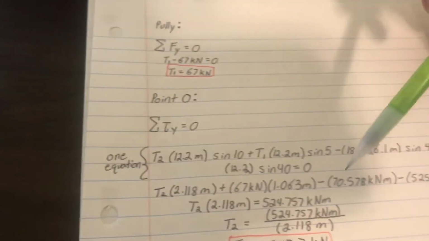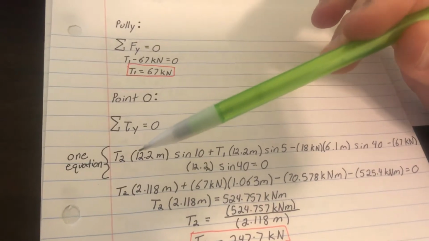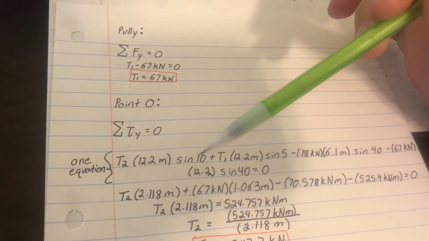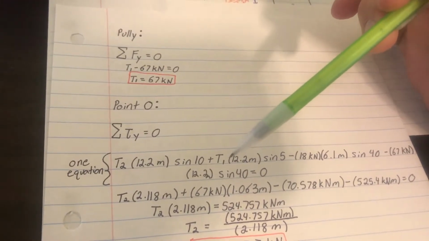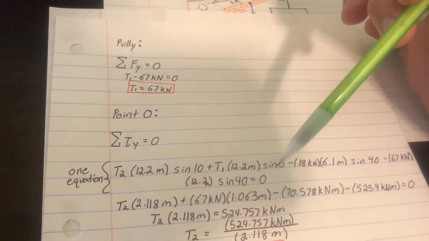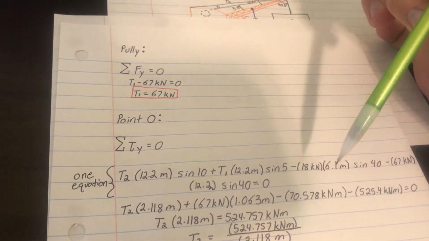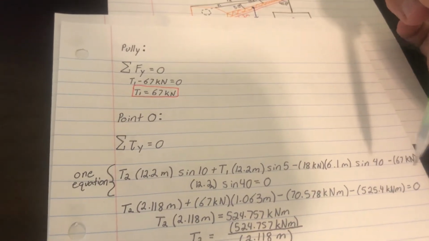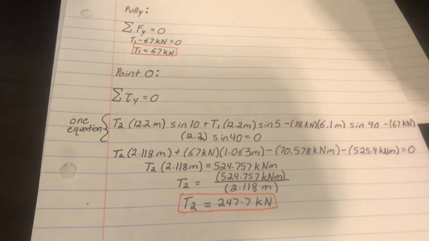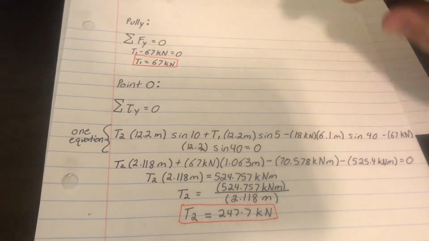This is all one equation: T2 times 12.2 meters sine 10 plus tension 1 times 12.2 meters sine 5 minus 18 kilonewtons times 6.1 meters sine 40 minus 67 kilonewtons times 12.2 sine 40 equals 0.